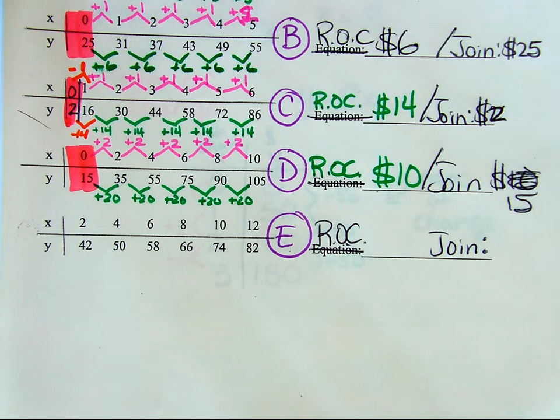Okay. So for every 2 things that you buy, you owe $20 more.